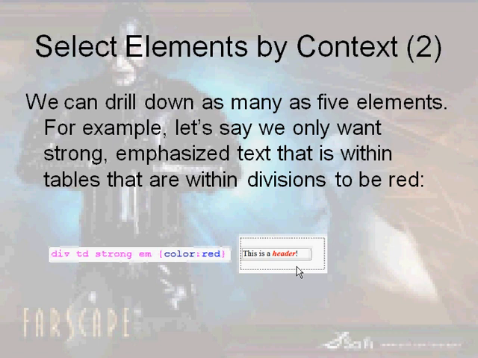Okay? And if you can imagine seeing the code behind this, the word header is strong and emphasized. And that's what we want to target to make red. So, here's my selector, where I have a division, and inside of it is a TD, which is for table data. And where I have inside of that table data something that's marked up with strong and emphasized text, color that red. Now that is being very specific.